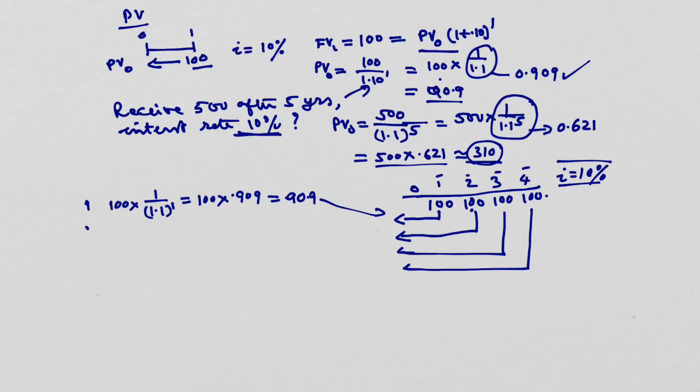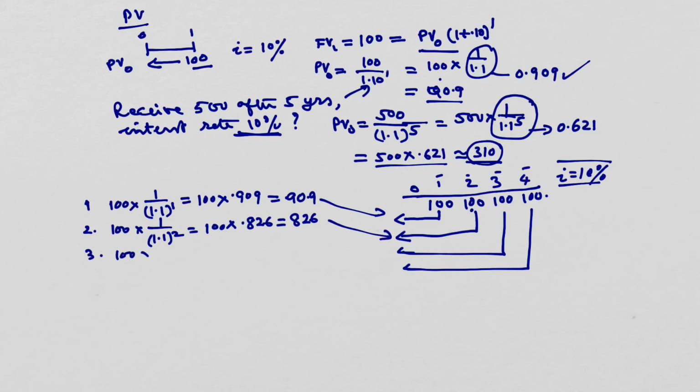Okay. The second year, 100 into 1 divided by 1.1 raised to 2 this time. Again, using a scientific calculator, I can work out this reciprocal of 1.1 raised to 2, and therefore I get 82.6 for the second year.